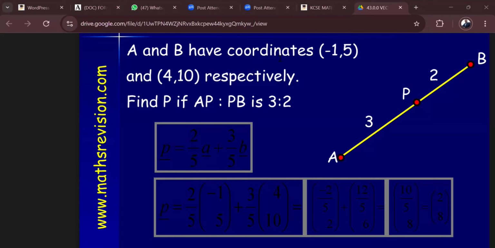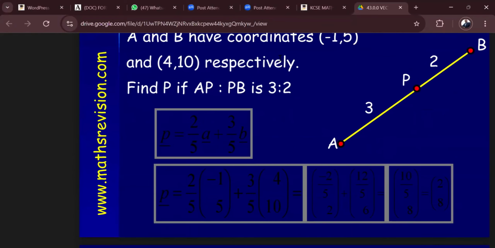Vectors 2 is very important, you must also do it. We have taken off well, despite a few challenges we had at the beginning, but at least we have managed to go through the whole topic.